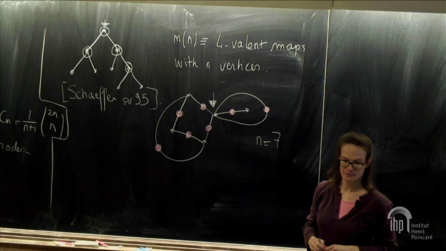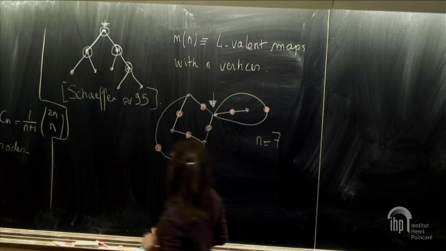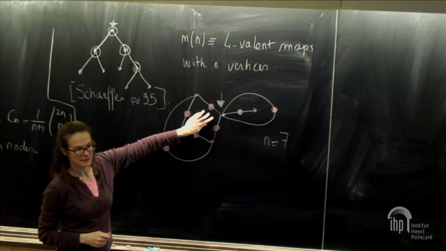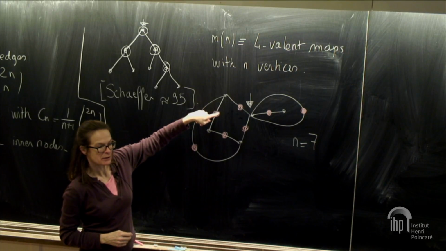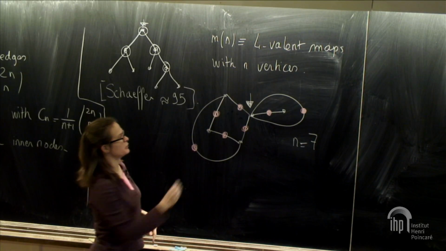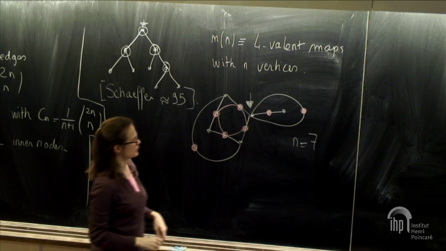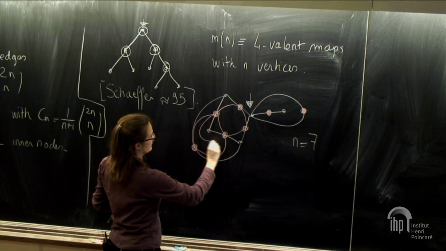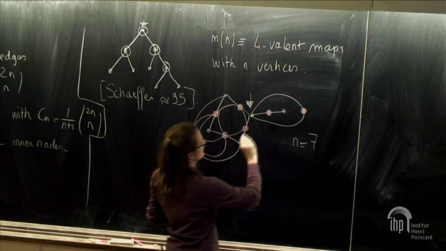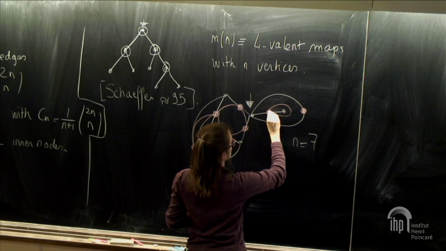And then I need edges in this new map. What I do is take every face of the original map and walk around it, just joining consecutive vertices. So that's for this face. That one. Here I should be a bit careful, so say I walk here.